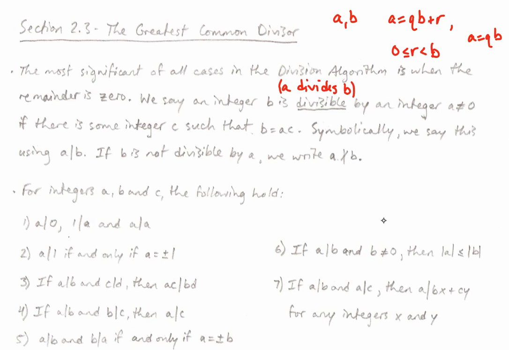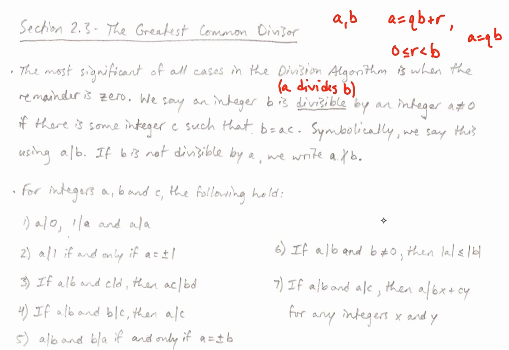And we say this if there is some integer c such that b is equal to a times c. This is the definition of what it means for a to divide b, or for b to be divisible by a. b is divisible by a, or a divides b, if there is some integer c such that b equals a times c.